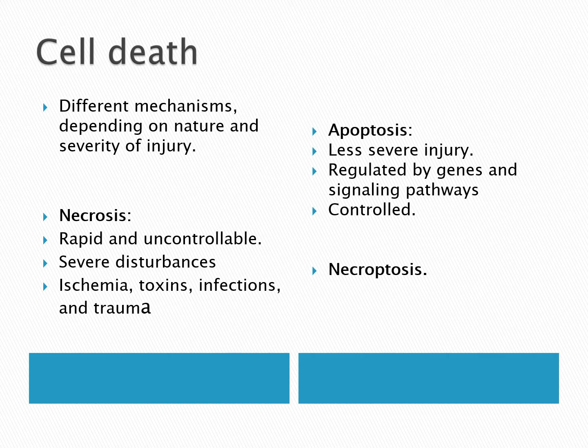The other pattern, which is apoptosis, usually is more controlled, more regulated by genes and signaling pathways, and usually happens when the injury is less severe, like, for example, sun-induced injury or growth factor deficiency.